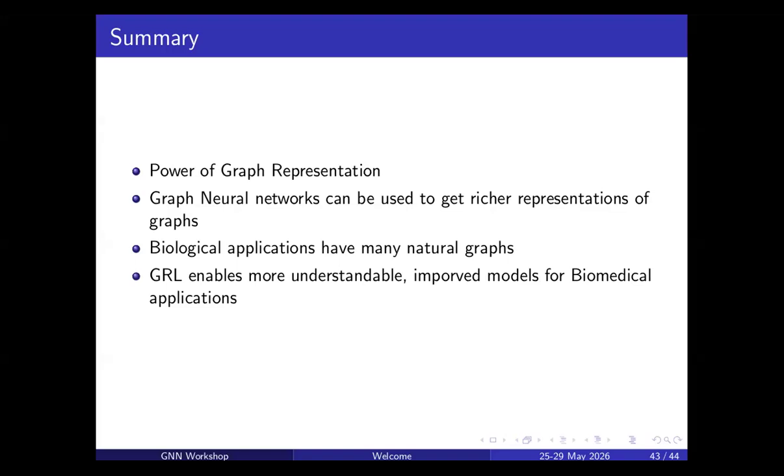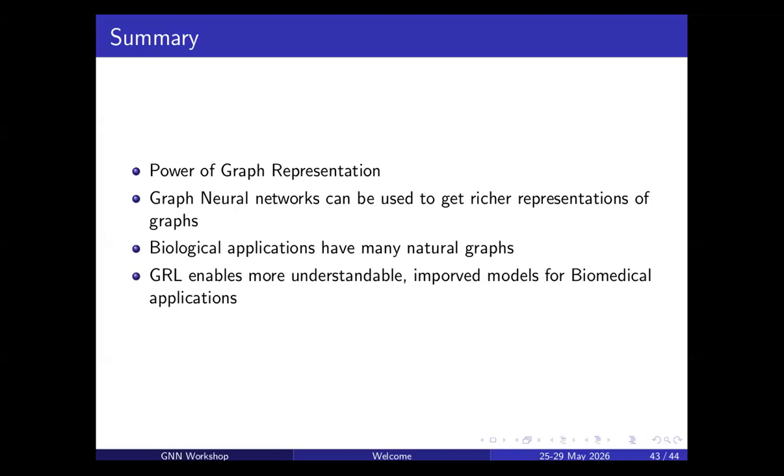And graph neural network is one of the methods that can be used to get a richer representation of this graph, like graph representation learning. In GRL in particular, we convert a node into a particular embedding. This embedding will capture all the relationships whatever we require.